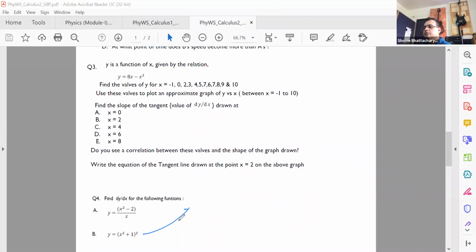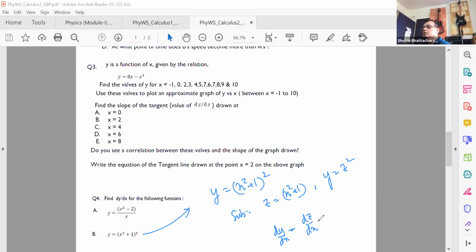So for example, here for this one, we had expanded this, but now you can use another method. For this question, x square plus 1 whole square, you can also use the chain rule method. So you can substitute z equal to x square plus 1. So y becomes z square. So dy by dx, you can do it more simply now: dy by dz, which will become 2z, into dz by dx.